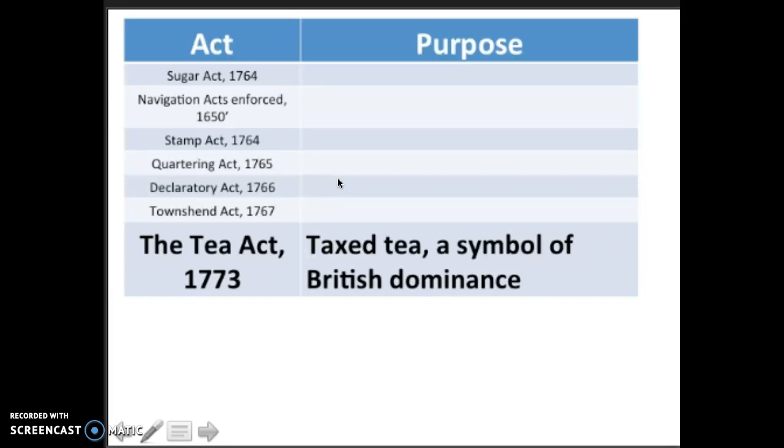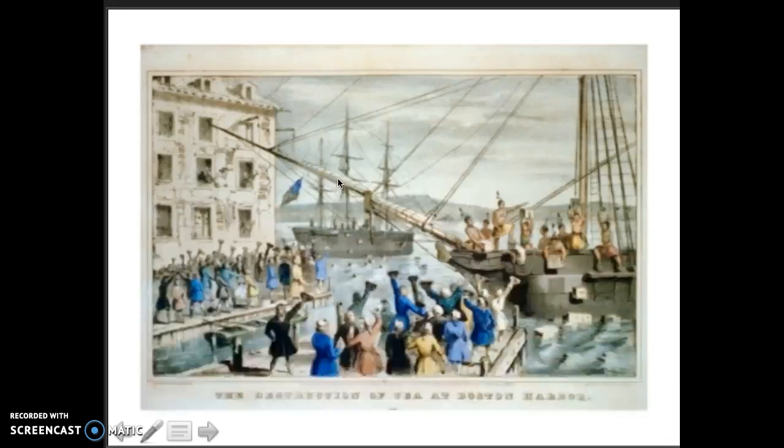So the colonists respond with more social unrest. They dressed up as Native Americans on the night of December 16, 1773, and they dump the tea over in the Boston port that Britain was supposed to unload.